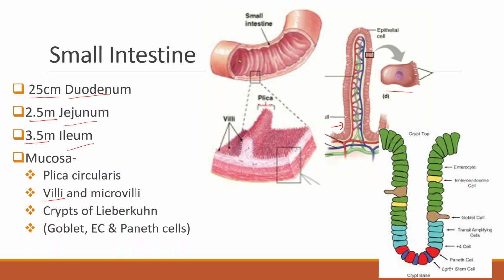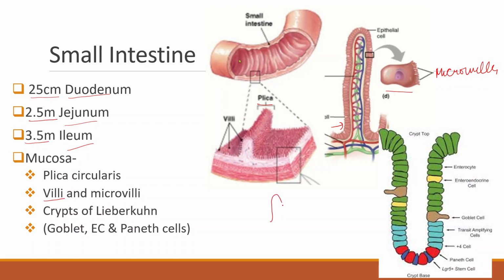If you see one cell, there are hair-like structures present on every cell also. So these are called microvilli, right? Microvilli, fine. So these are epithelial lining over villi, and this is plicae circularis, fine. Then between these villi, the folding is plicae circularis and hair-like structures are villi, okay? And in between two villi there is a depressed structure also present which is not visible here.